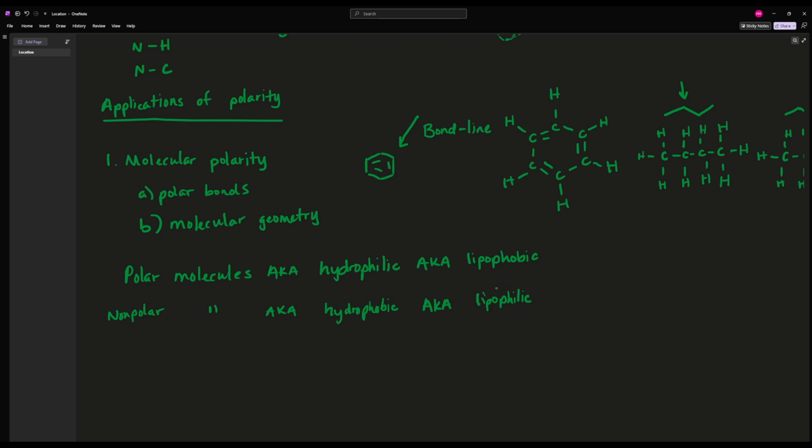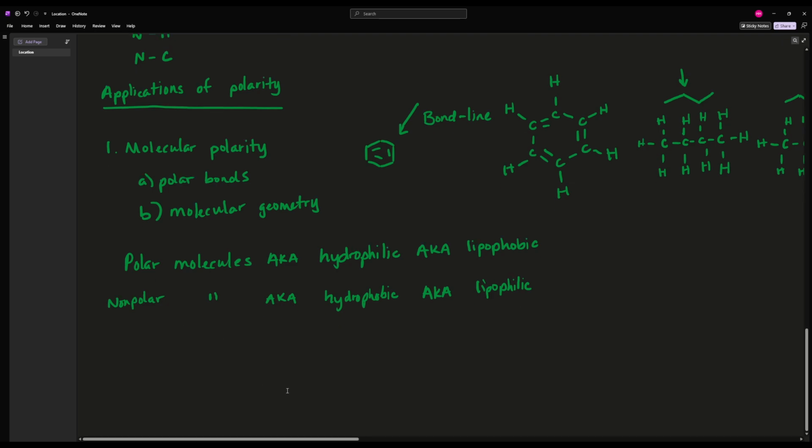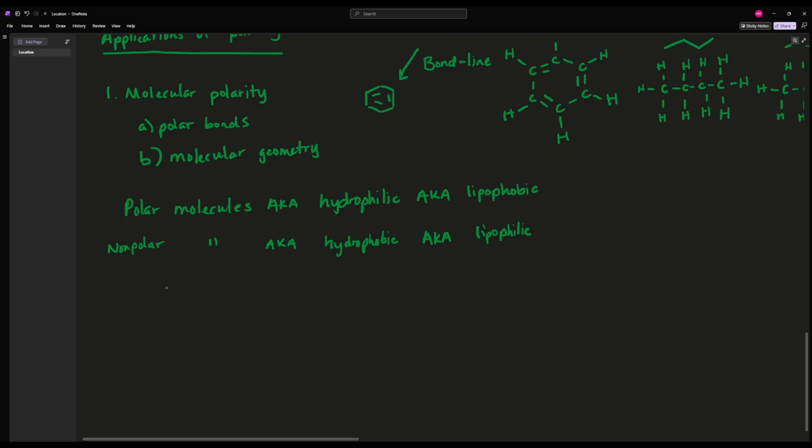But why would this be the case? Let's examine a basic example. Actually, I'm going to draw it the other way. Let's look at methanol.